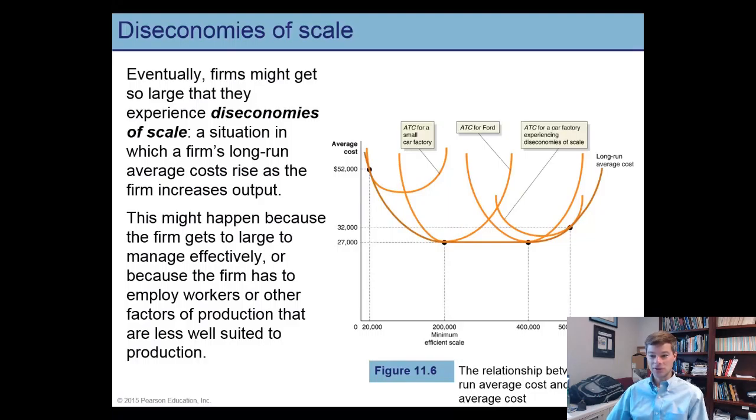And so here you see the long run average cost curve, and it identifies the lowest average cost of producing each level of output, and here it's assuming that there are actually factory sizes that are not drawn, so that you get a continuous long run average cost curve that looks like a saucer.